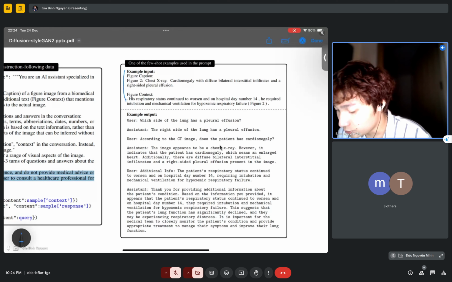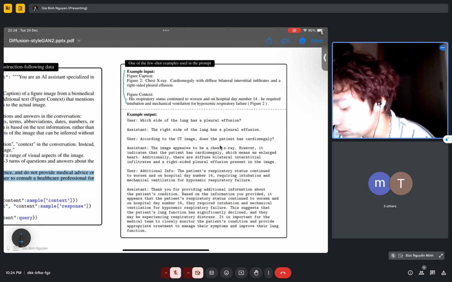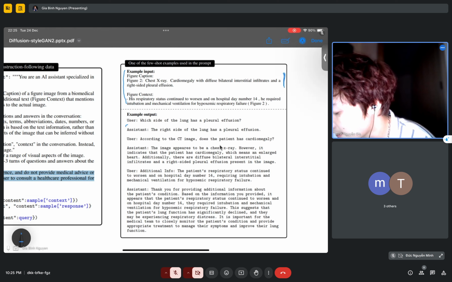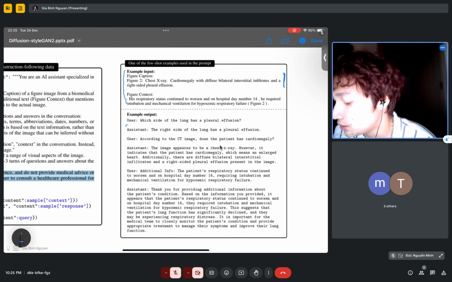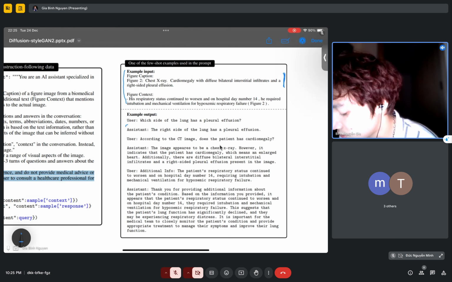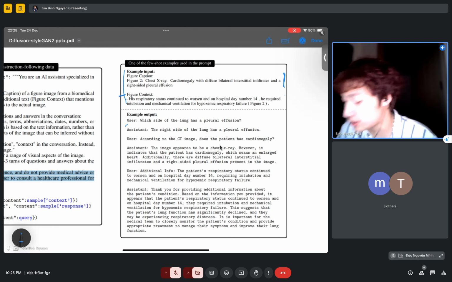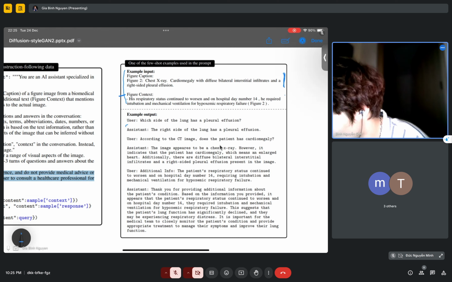Note here that the image is not used to generate this dataset. The only thing used is the caption, and instead of bounding boxes like the original LLaVA, here we add some text from the papers or the original dataset that mentions the image.